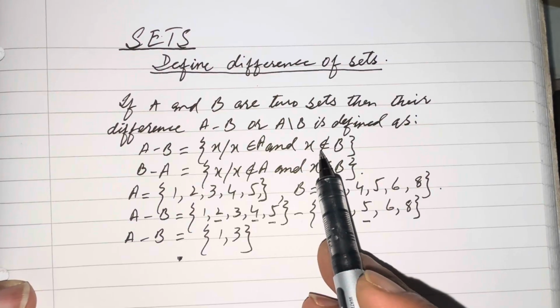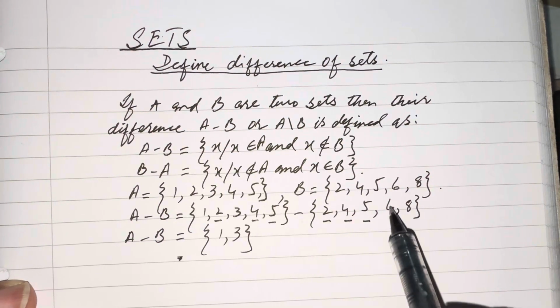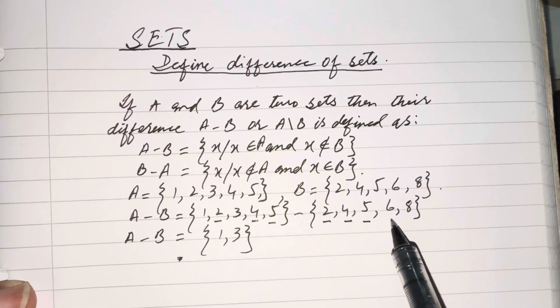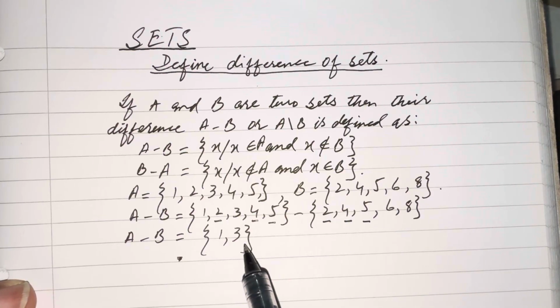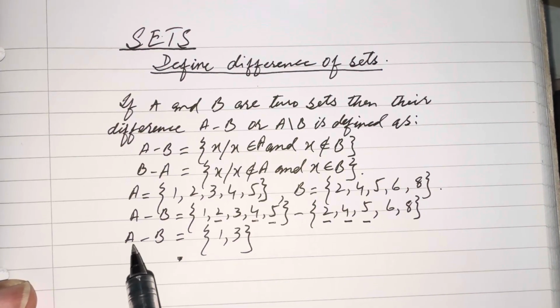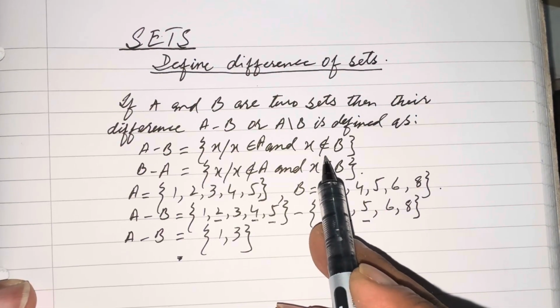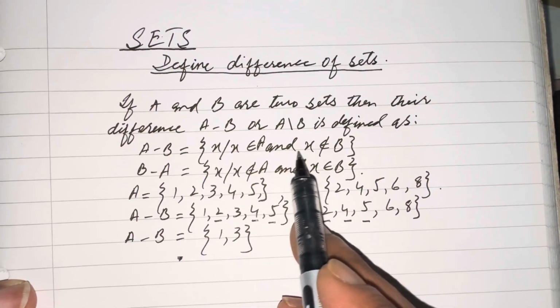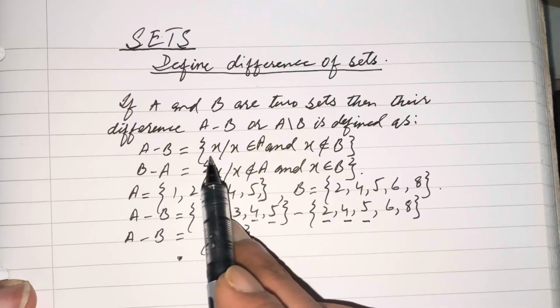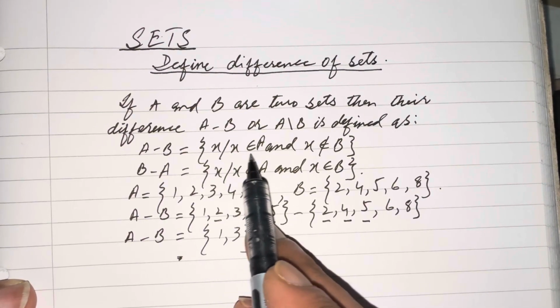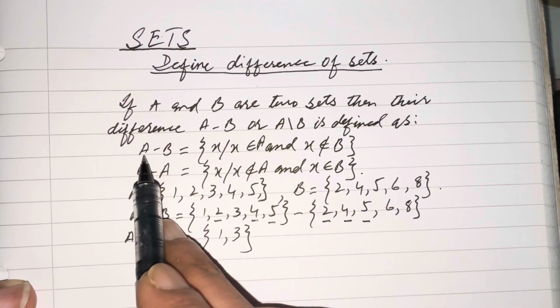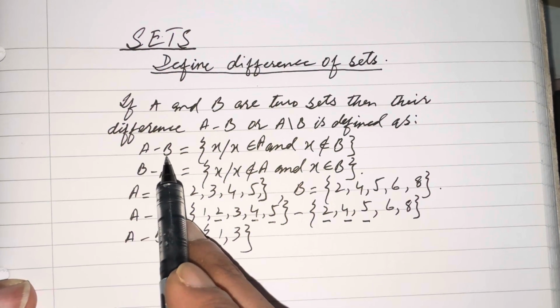But x does not belong to B, so the elements of set B will not be written in the answer. So that's the meaning of this set builder notation given for the difference of the sets A and B.